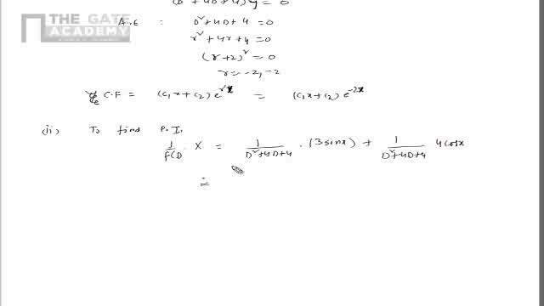Now what I am doing is I am putting d square as minus a square, which is minus 3 square or minus 9. So this is 1 by minus 9 plus 4d plus 4 into 3 sin x. And similarly here also, 1 by minus 9 plus 4d plus 4 cos x.